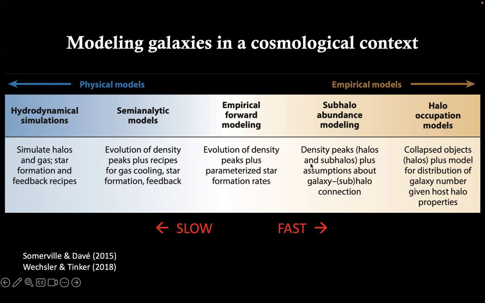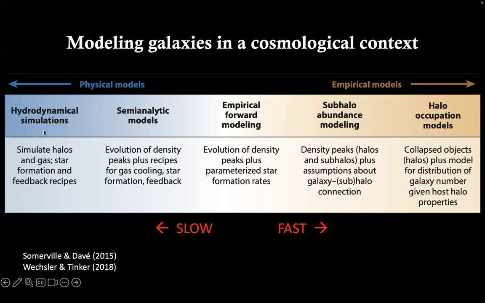So this is just a quick overview of the types of models that people use depending on the context. So on the right, we have empirical models such as abundance matching or halo occupation models that are very efficient. They allow you to generate mock surveys and then also connect to other simulations as well. They run very, very fast.